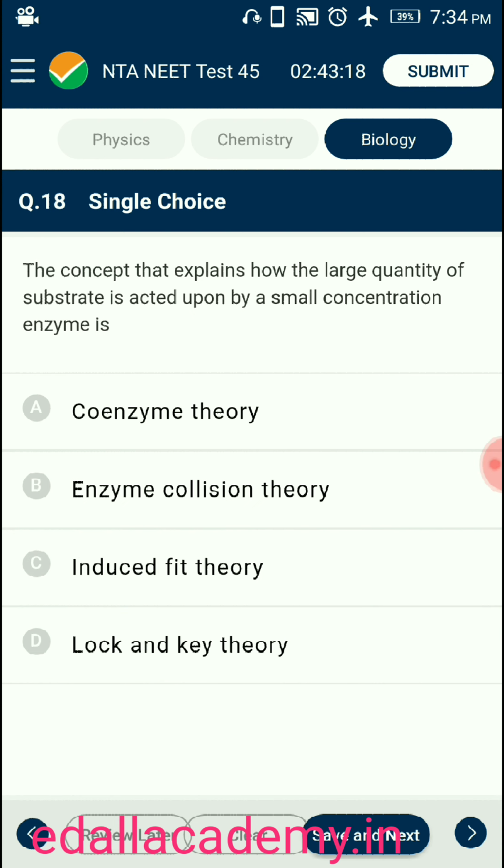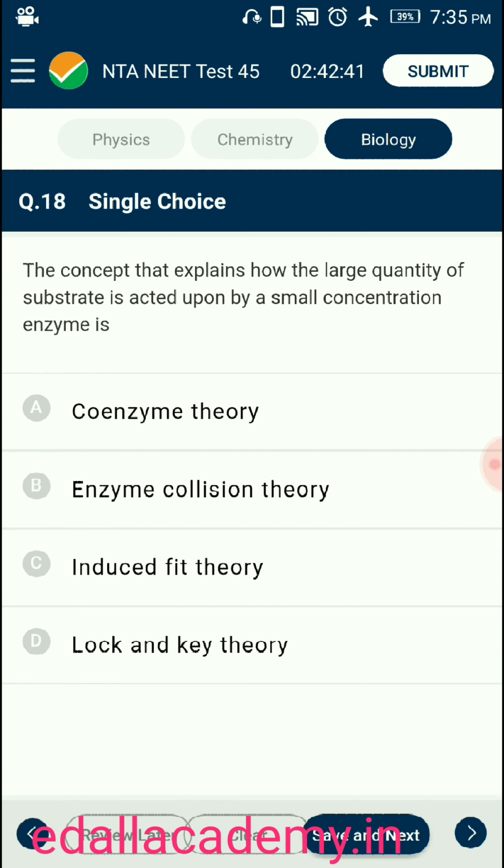Question number 18. The concept that explains how a large quantity of substrate is acted upon by a small concentration of enzyme is. Emil Fischer in the year 1894 proposed the lock and key theory to explain the mechanism of enzyme action. According to this theory, the active site of the enzyme has a specific geometric shape wherein the substrate molecule gets fitted to form an enzyme substrate complex, like the fitting of a key to a particular lock.